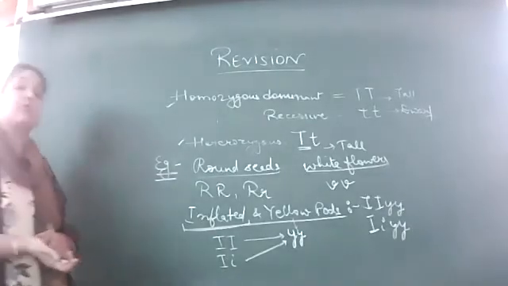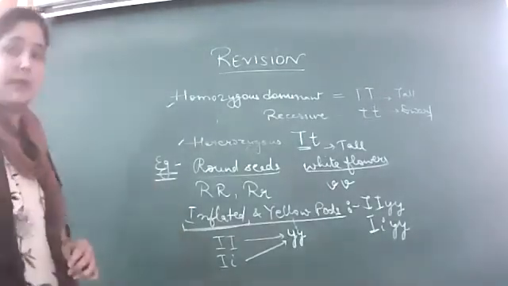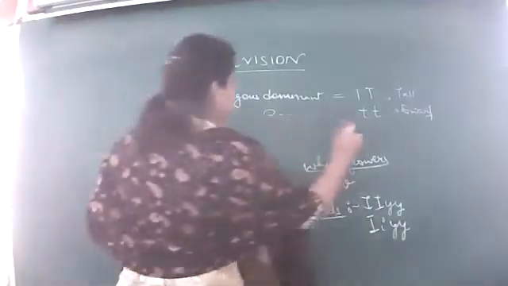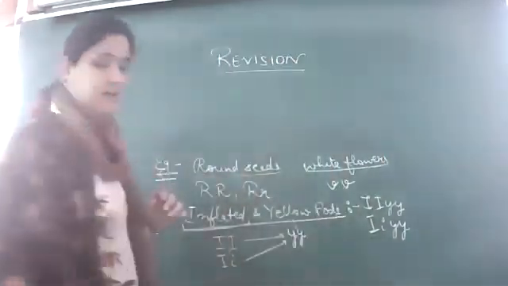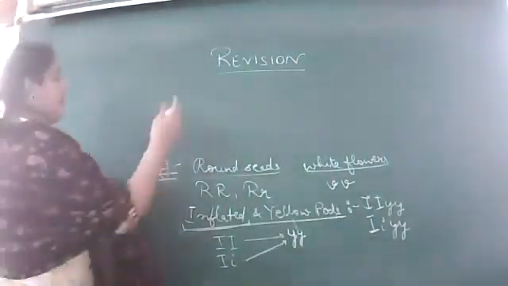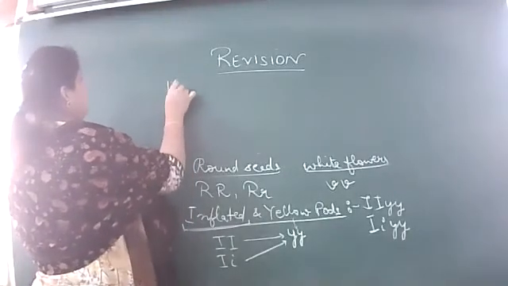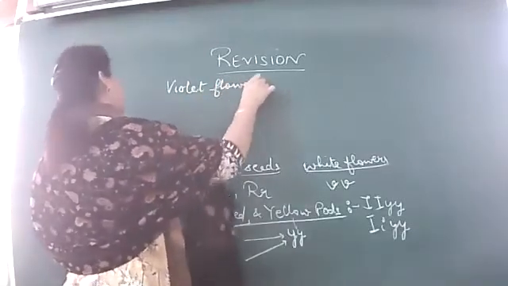If we are having both dominating, let's say we are to construct the genotype, taking another example, be ready to form the genotypes. So let us take another example for the genotype of the parent having violet flowers with tall height.